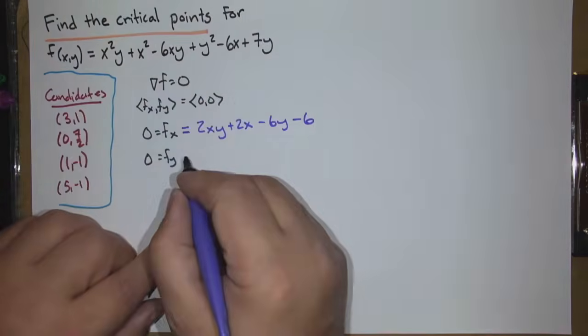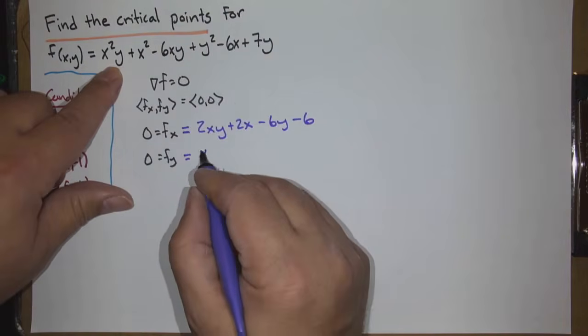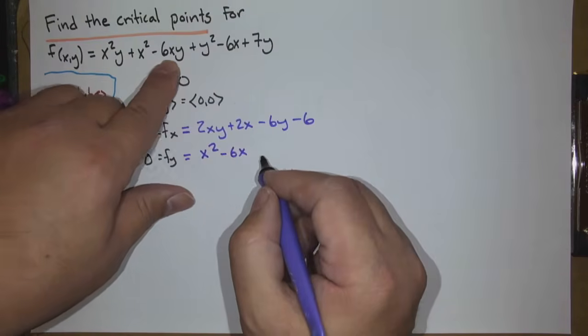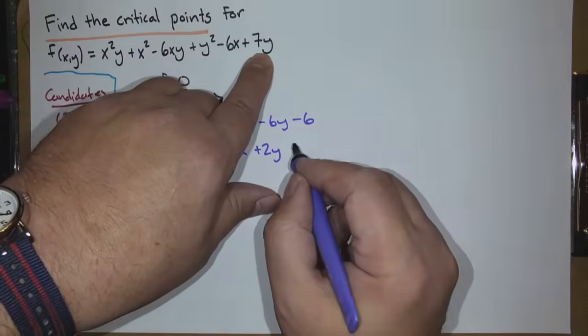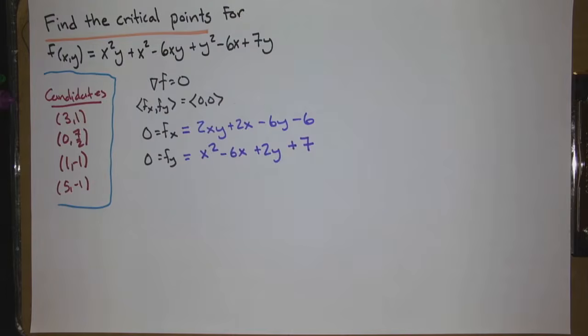How about f sub y, the derivative with respect to y? x squared minus 6x plus 2y plus 7. Good. 2 equations and 2 unknowns.